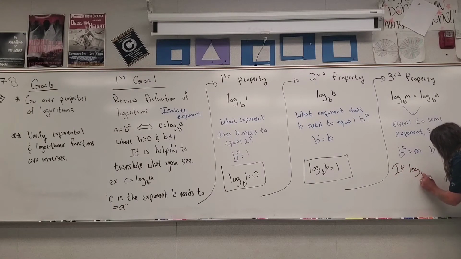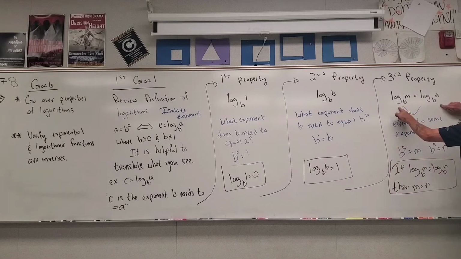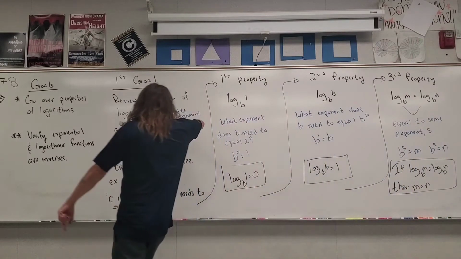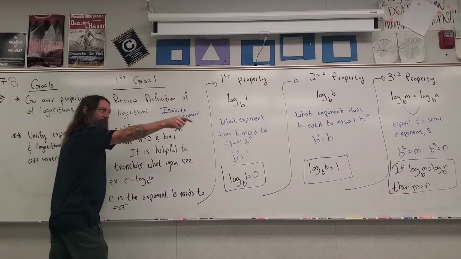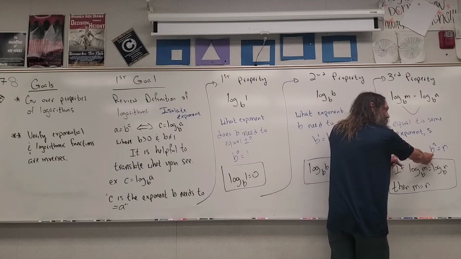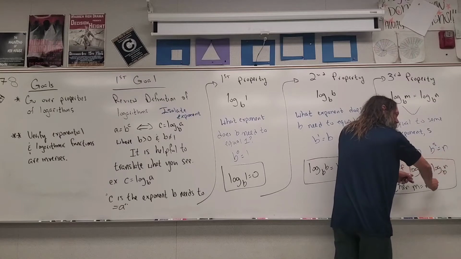Because we have a log equation, and that means that they're both equal to the same exponent, which means that I'm raising b to the same power, which means that the results must be the same, therefore m must equal n.